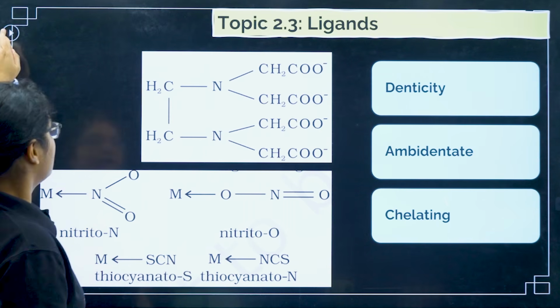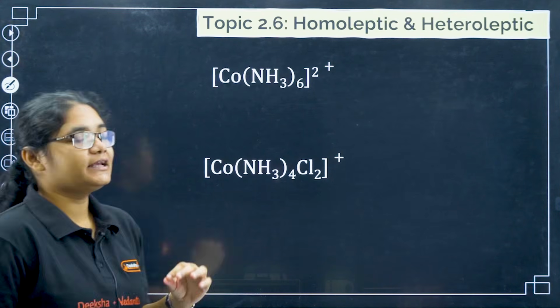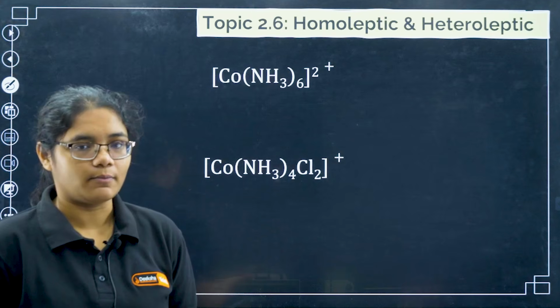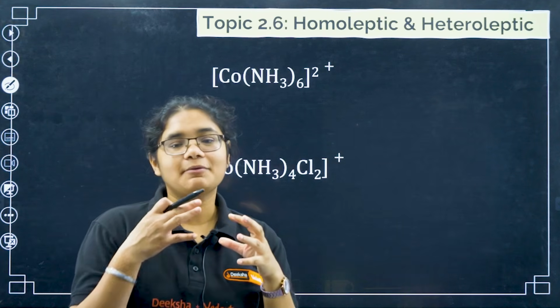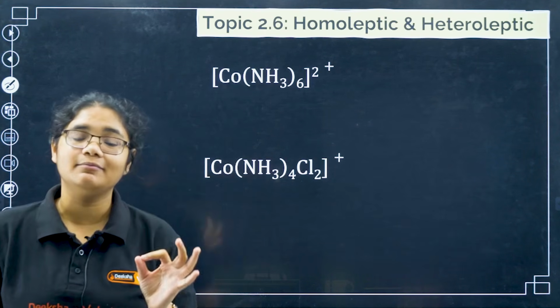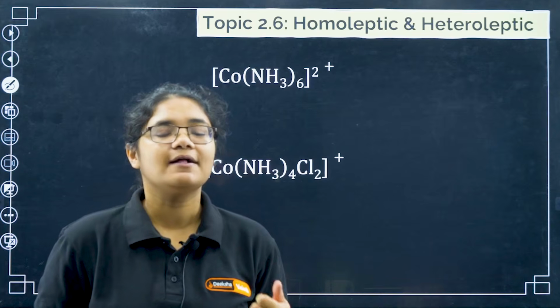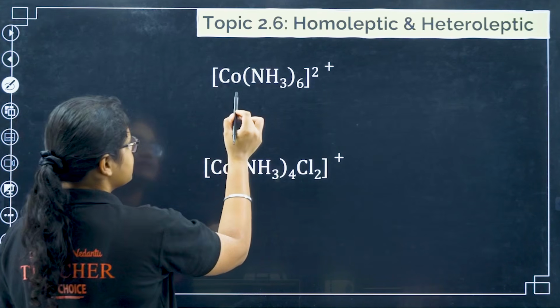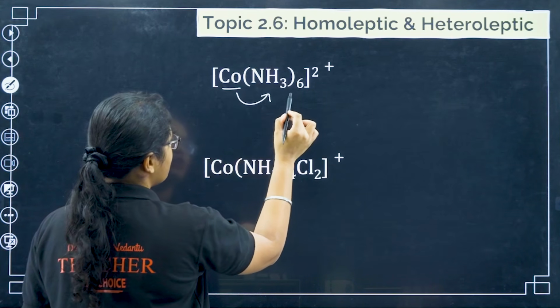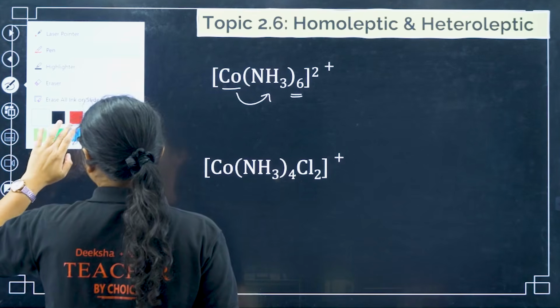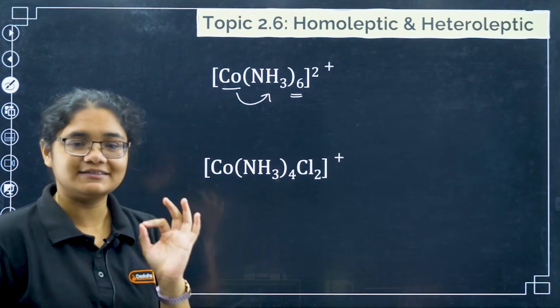Okay. Moving forward, the next thing is homoleptic and heteroleptic complexes. This is very simple. If a metal forms bonds with the same type of ligands, then we call it a homoleptic complex. So you can see here cobalt forms bonds with 6 NH3 ligands. All the ligands are the same. All the 6 ligands are ammonia.